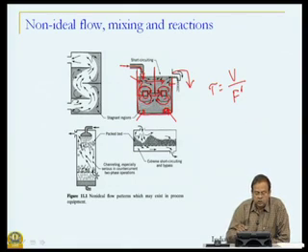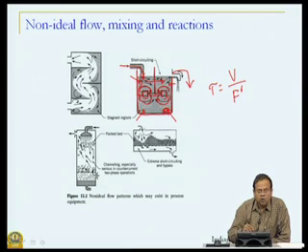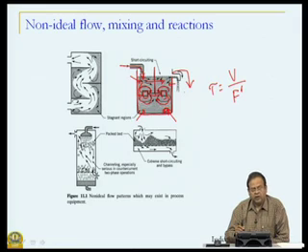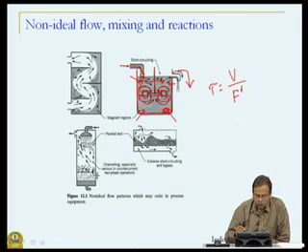Some of the fluid spends times much less than this residence time, such as the fluid which is bypassing. Some of the fluid stays much longer than this residence time, such as the fluid element which has got caught into this dead zone, and remaining fluid, depending upon when it gets time to escape the reactor, comes out after spending differing amounts of time.